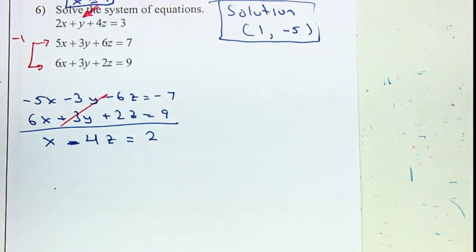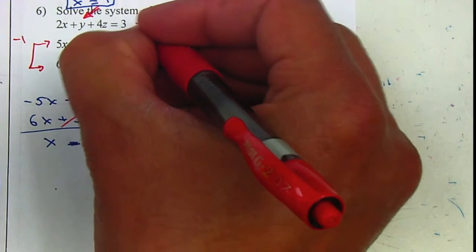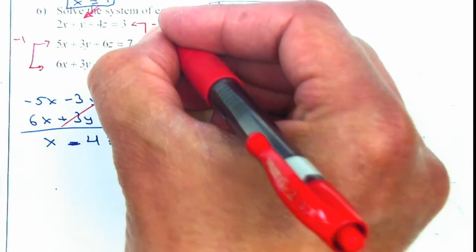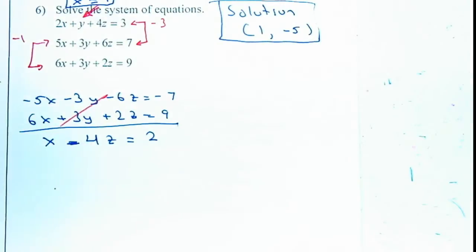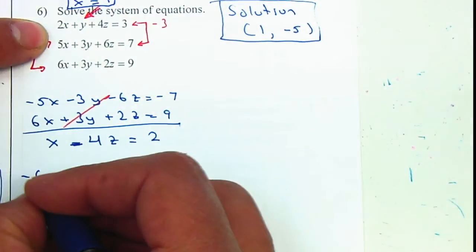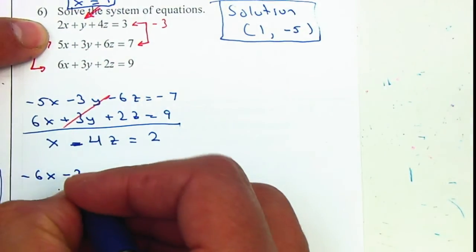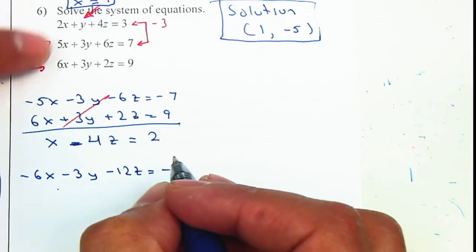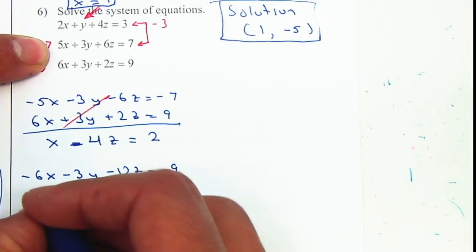I want to grab 2 other equations and cancel the y's again. So I'm going to grab the first one and the last one, and I'm going to multiply the first one by -3 to cancel the y's. That gives me -6x minus 3y minus 12z is equal to -9. The second one stays the same.